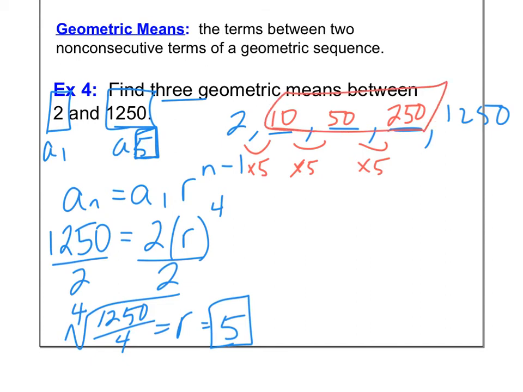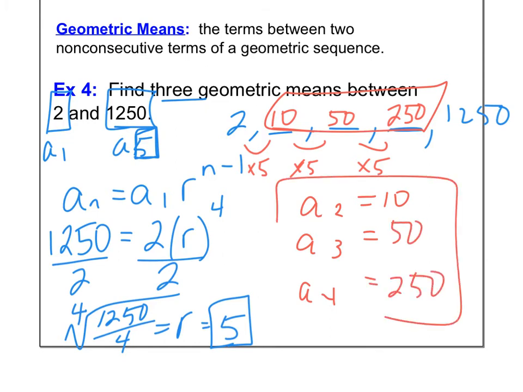Sorry, I was looking at my answer key and it wasn't lining up. I had a sub 4 equal 25, and that was definitely incorrect. So here we go. A sub 2 is 10, a sub 3 is 50, a sub 4 is 250. Oh goodness, making all kinds of mistakes. There we go.